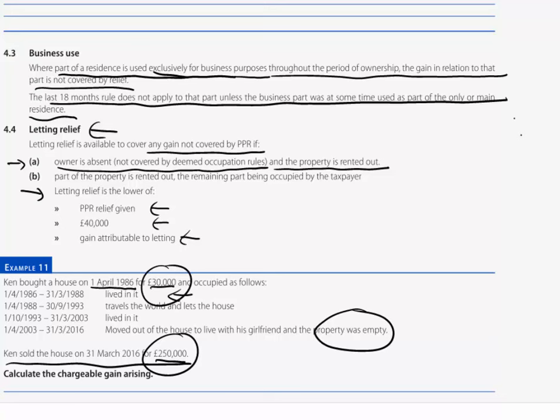Now, this chapter is followed by chapter 15. That's a surprise, eh? Chapter 14 is followed by chapter 15. I bet that's a surprise to you all. But chapter 15 deals with the administration, self-assessment and payment of tax for individuals. Now that's a chapter that I'd suggest that you skip over at the moment.